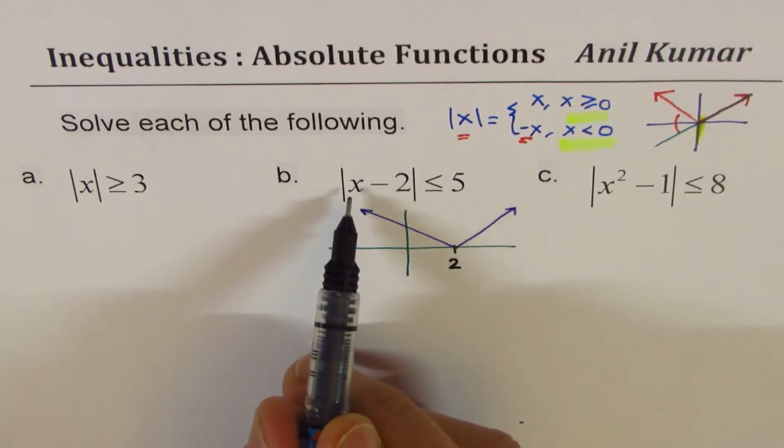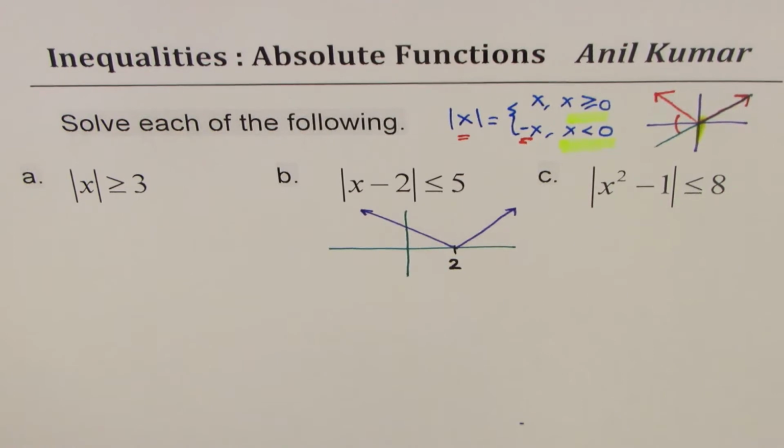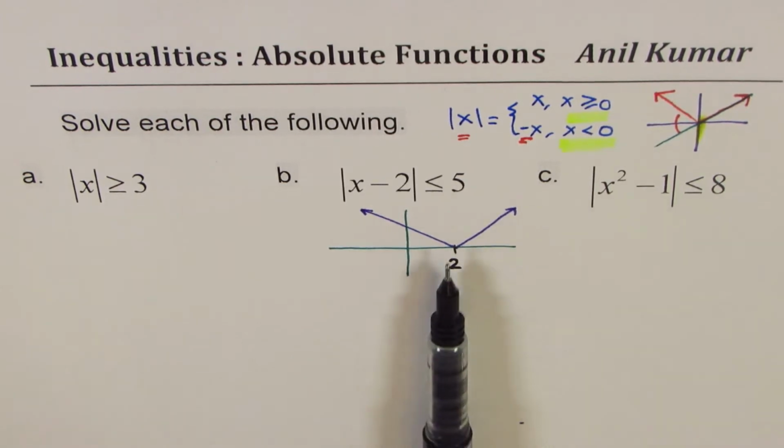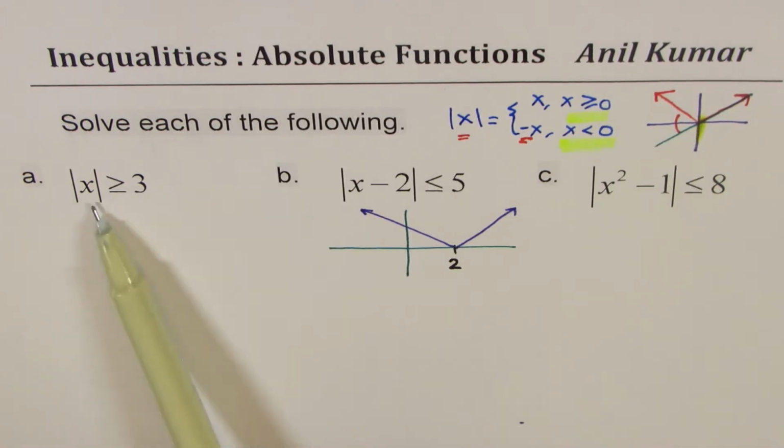If I substitute 2 here, I get 0. You get the point, correct? Now we'll take up this function in the later half. First let's discuss these two. So the first one here is kind of drawn. The second one I've drawn here.